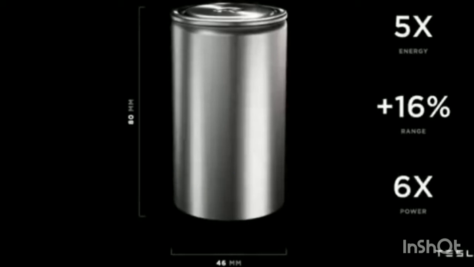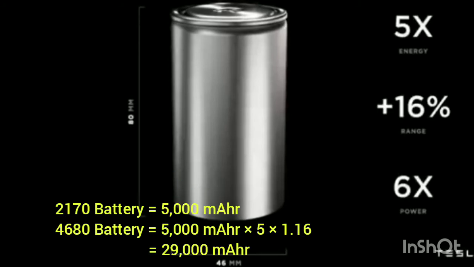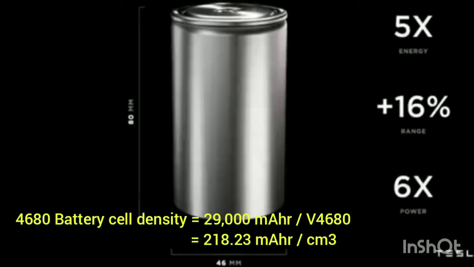The 4680 battery has 29,000 milliamp hour, which can be calculated from this formula. The cell density is 218 milliamp hour per cubic centimeter.